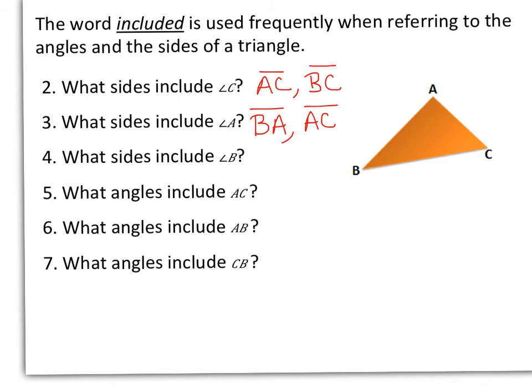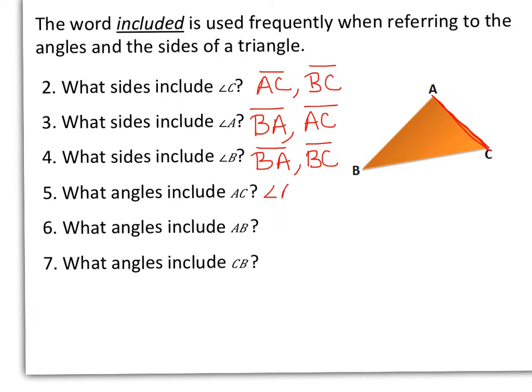And finally, what sides include angle B? Well, that would be side BA and side BC. All right, now looking at sides. What angles include side AC? So what angles are part of this side here?